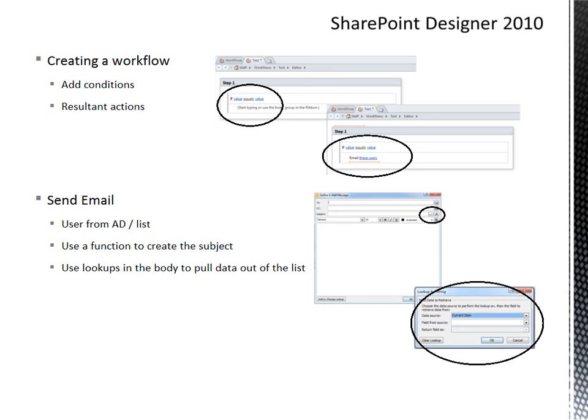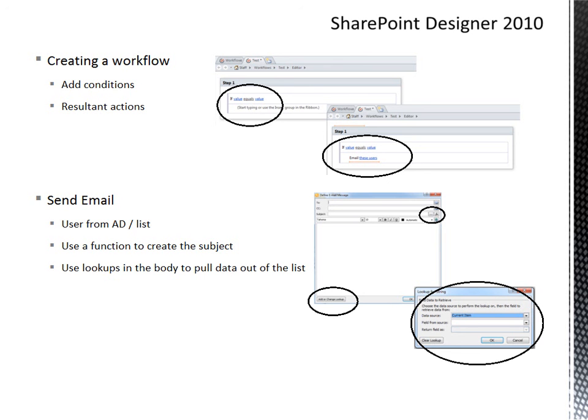We can pull in things from the actual list, so we can add in "absence request from", and then put a little function in, which is the username field that was in the SharePoint form. And then for the body of the text, again, you can type whatever you like and format it, but the Add or Change Lookup button, which you've got in the bottom left hand corner, we can use to pull out information from the actual form.